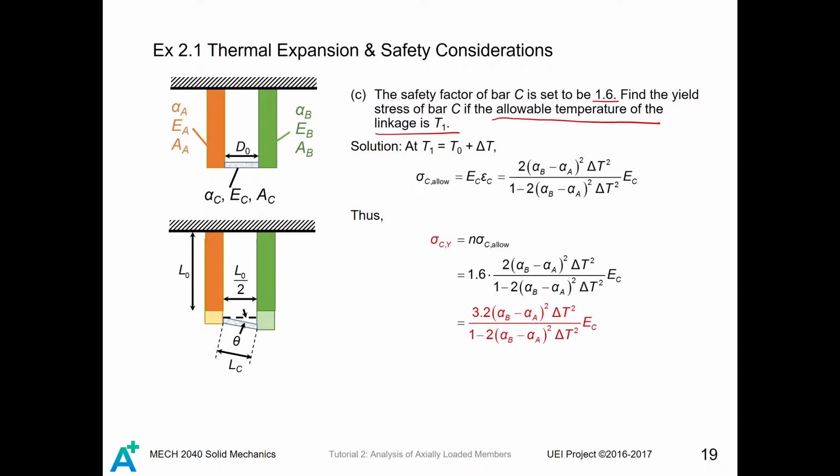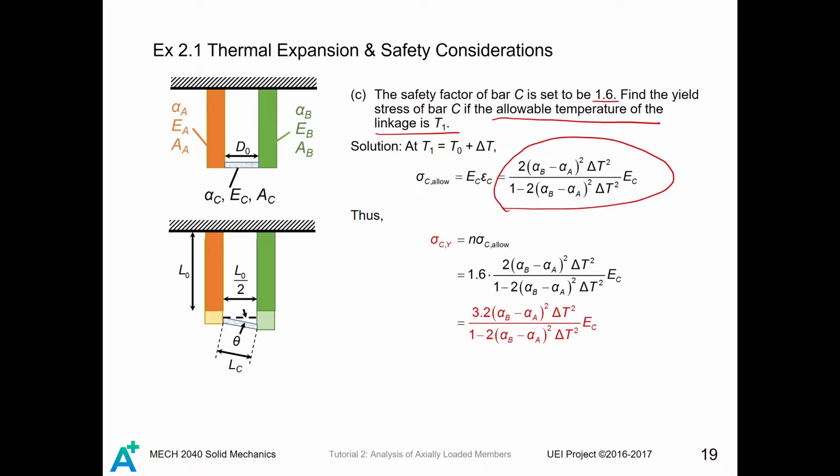Since you have already allowed this temperature to occur, there will be an allowable stress generated by this temperature. Therefore, at T1, as we just found in the previous part, the allowable stress is in this form.